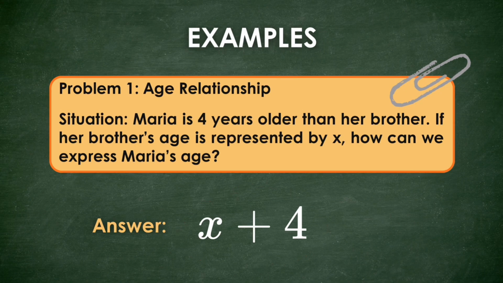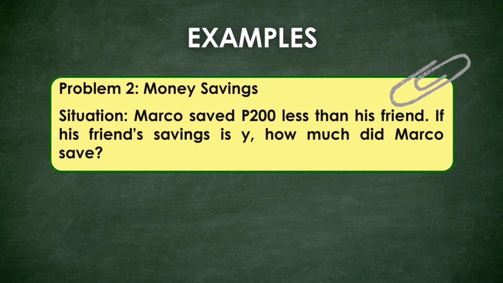Next, we have another situation. Marco saved 200 less than his friend. If his friend's savings is represented by y, how much did Marco save? Here, the variable y represents his friend's savings, a value we don't know exactly. Now, the problem says Marco saved 200 less than his friend.